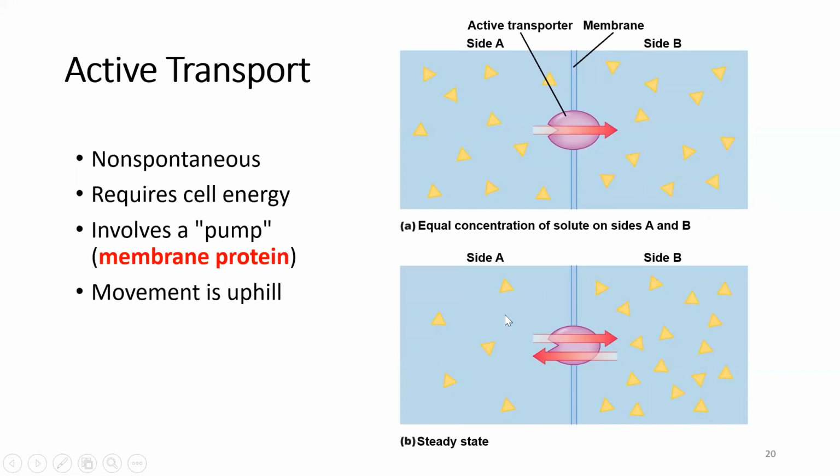But at the bottom here, when they get to steady state, we're going to see a higher concentration on side B than what we see on side A. So active transporters can move particles against their concentration gradient. That's what we're really trying to say here. They're not necessarily moving with the concentration gradient, but they can move particles from low concentration to high concentration, which is going against their natural spontaneous movement.